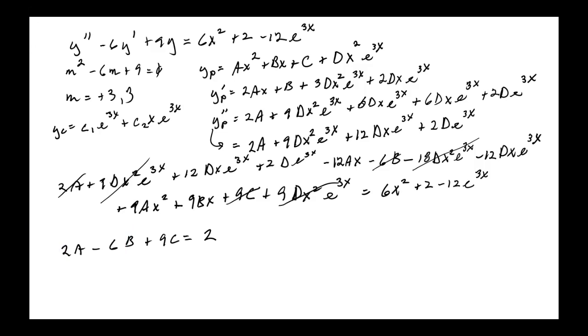All right, let's go to our x e to the 3x terms. Here we got a plus 12dx e to the 3x and a minus 12dx e to the 3x. And they wipe each other out. Good. Now let's do our e to the 3x terms.